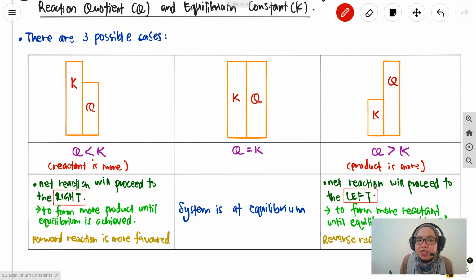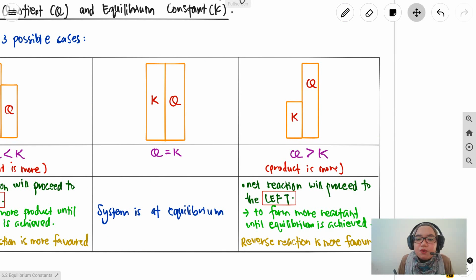However, when Q punya value is more than K, so now the product is large. So the net reaction will proceed to the left to form more reactant until the equilibrium is achieved. So now the reverse reaction is more favoured.